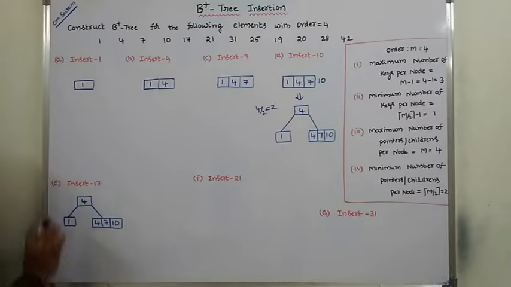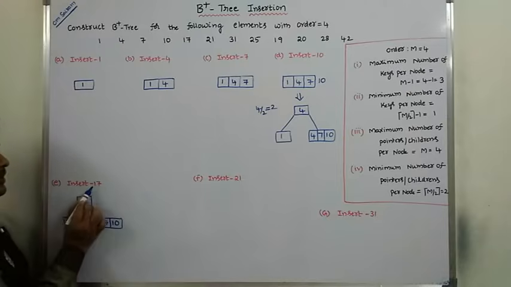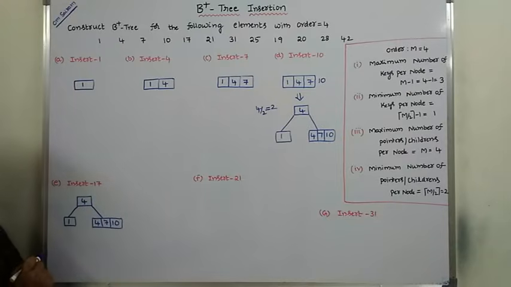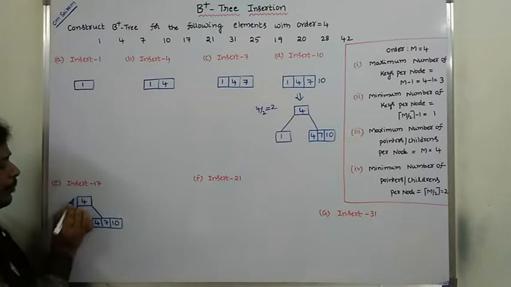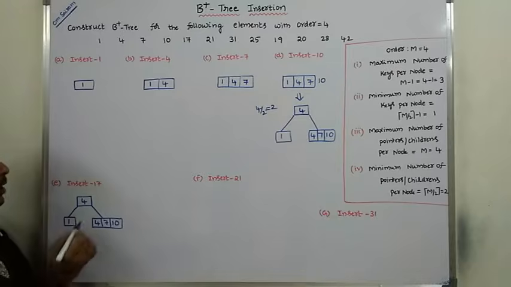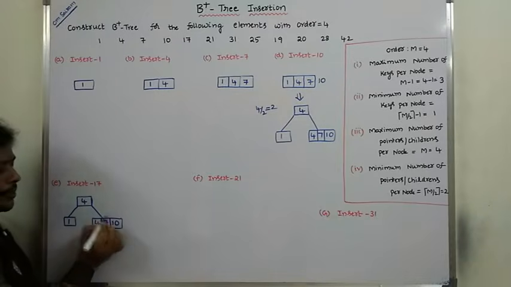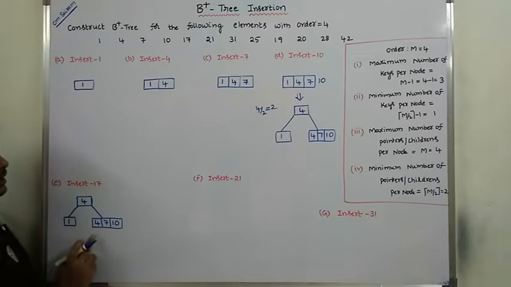Okay. Next insert 17. So first we have to find out the location of inserting 17. So 17 is compared with 4. 17 is greater than 4. So go to the right pointer. This is the right pointer and this is the left pointer. Right pointer points to a right subtree that contains the node.